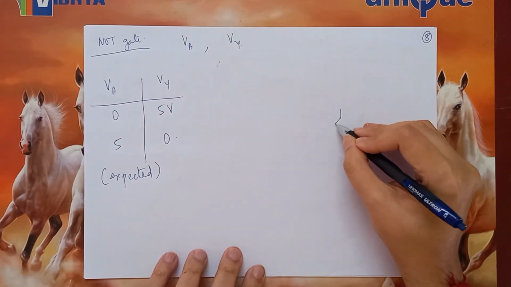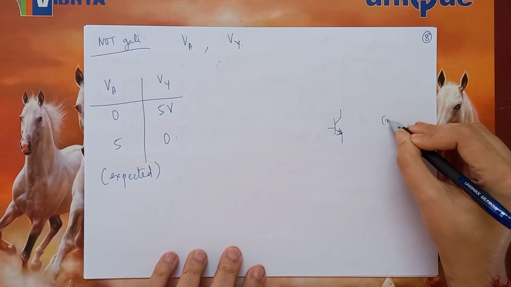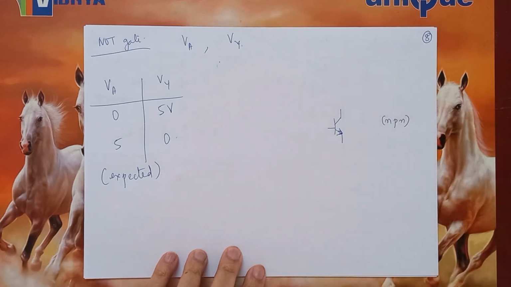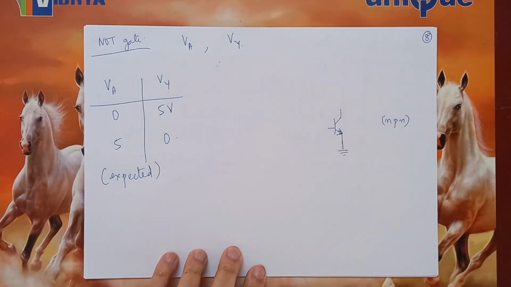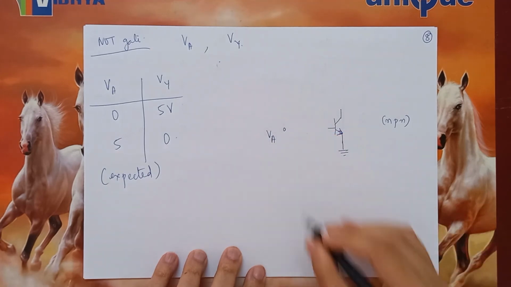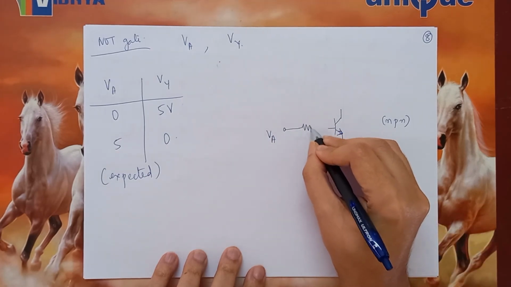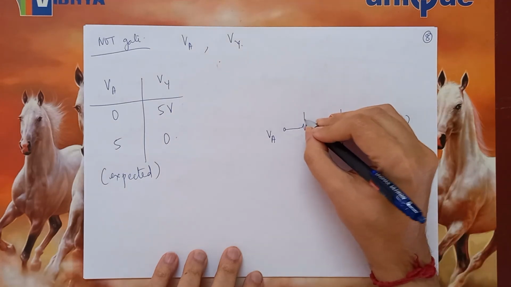Suppose I have an NPN bipolar transistor, which looks like this. Let us say I connect the emitter to the ground, and my input VA I am giving at the base through some resistor, some RB.